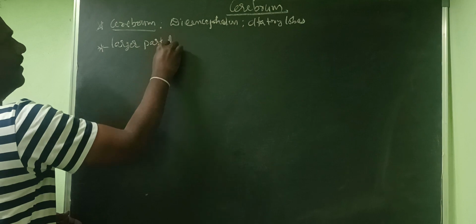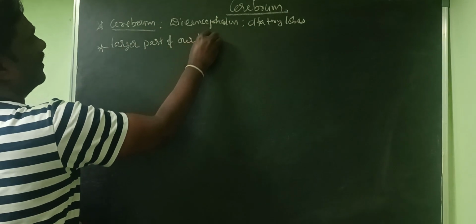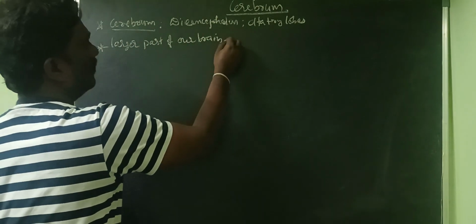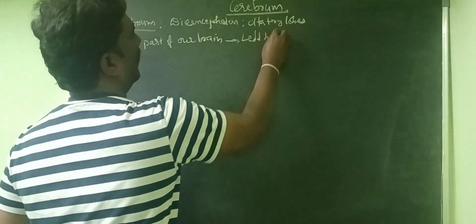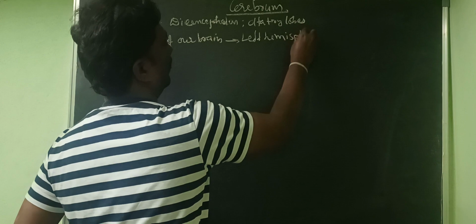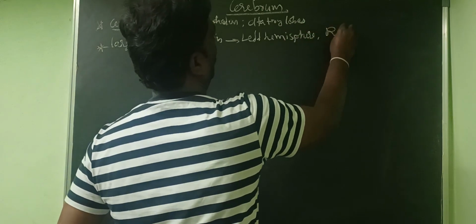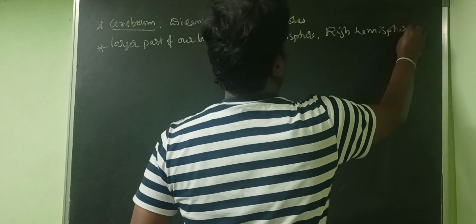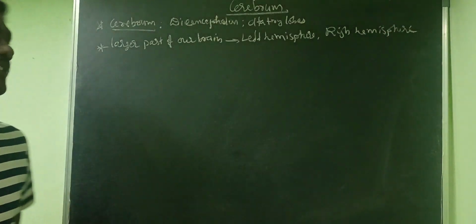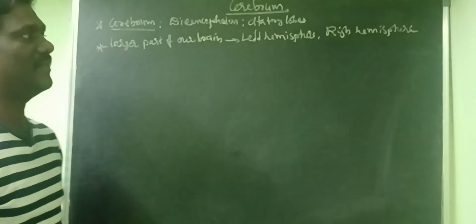The cerebrum, the larger part of our brain, is divided into two parts: the left and right hemispheres.